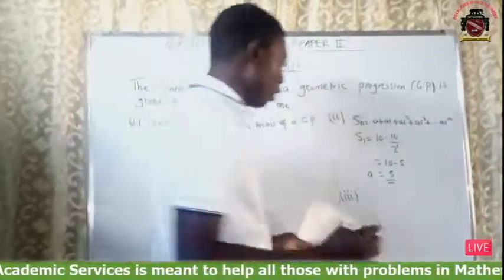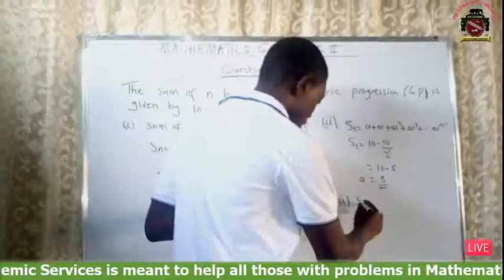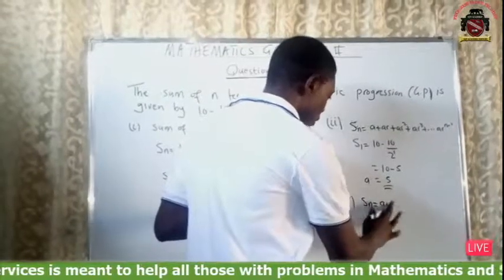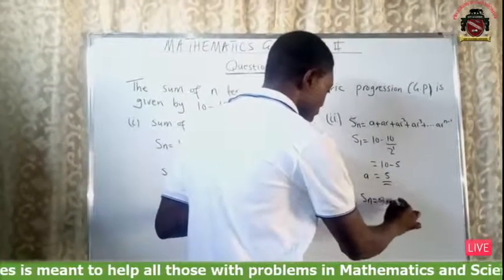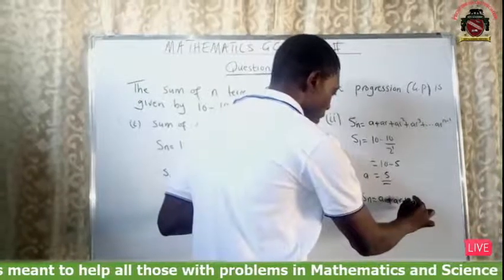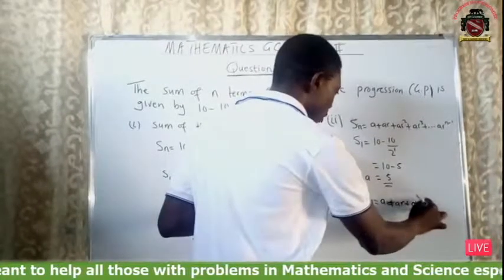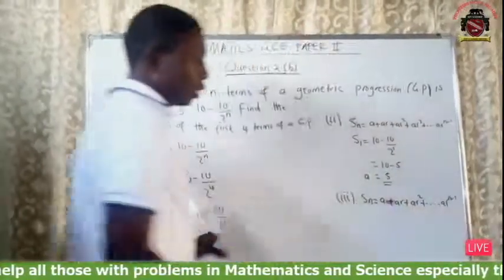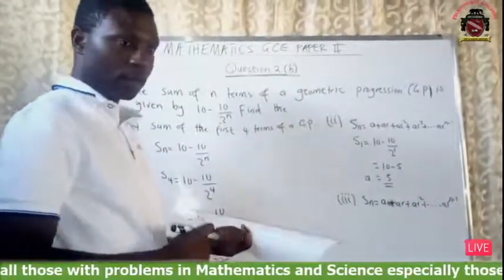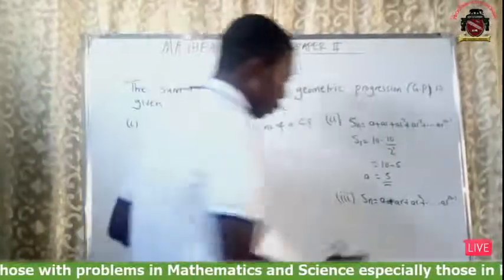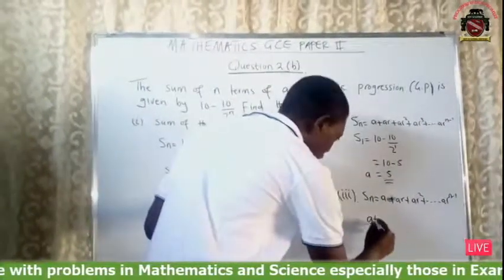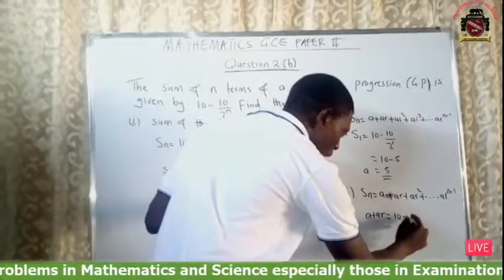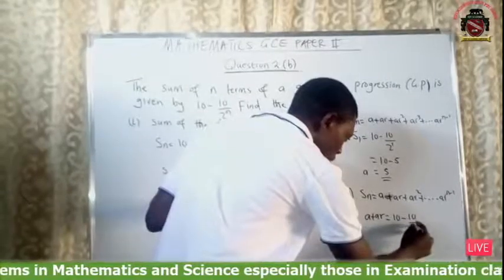We know that Sn is given by the first term a plus ar plus ar to the power 2 plus, and so on, up to ar to the power n minus 1. Now, just using 2 terms, we can say a plus ar is equal to 10 minus 10 over 2 to the power 2.